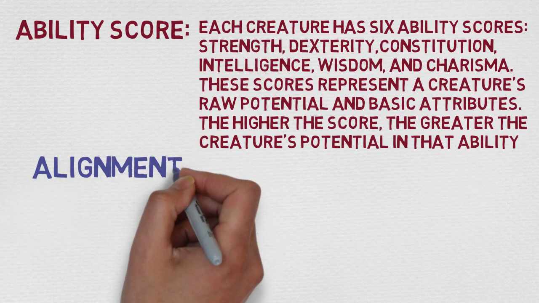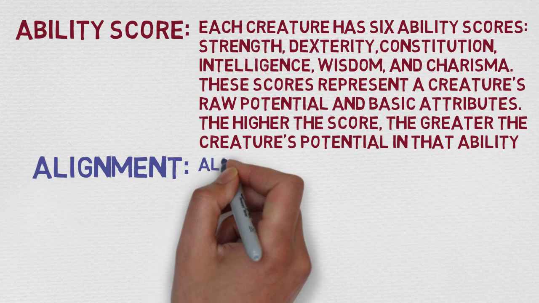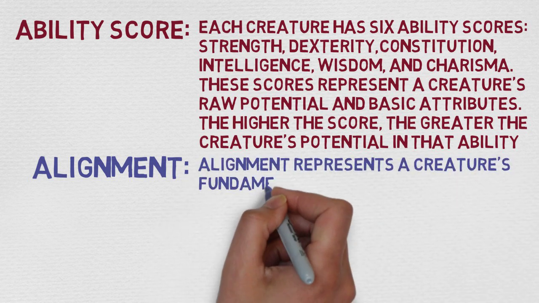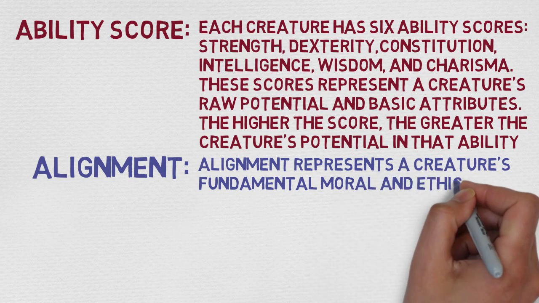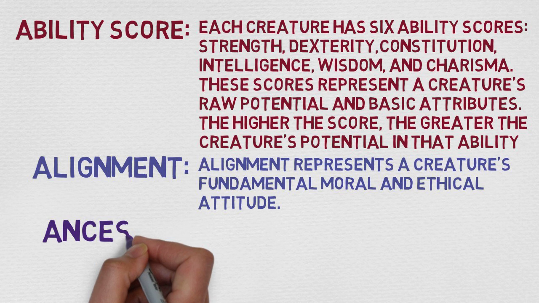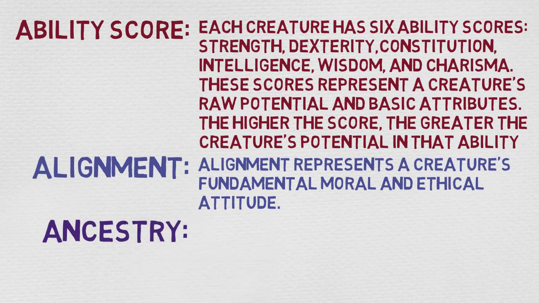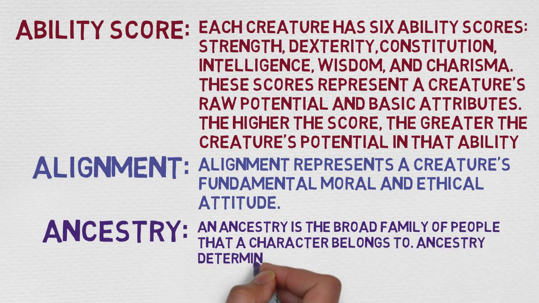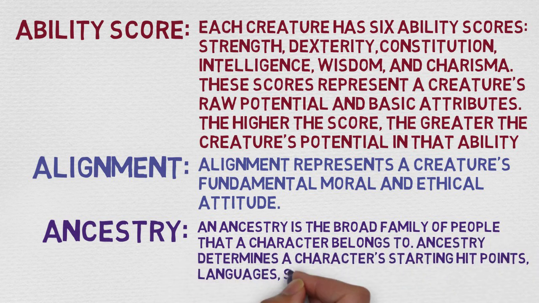So the first thing we're going to be talking about is ability score. Each creature has 6 ability scores, namely Strength, Dexterity, Constitution, Intelligence, Wisdom, and Charisma. These scores represent a creature's raw potential and basic attributes. The higher the score, the greater the creature's potential in that ability.